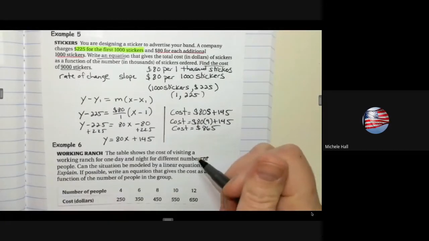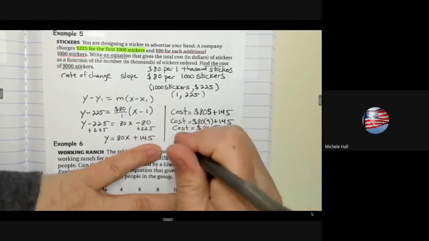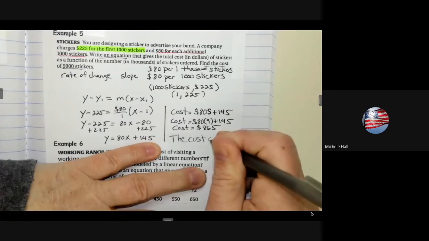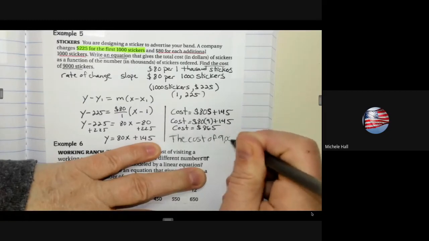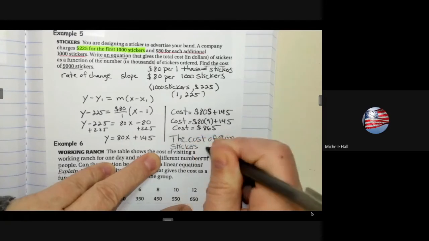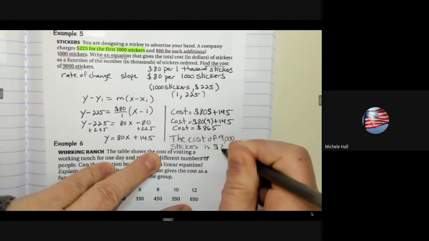We have that the cost of 9,000 stickers is $865.